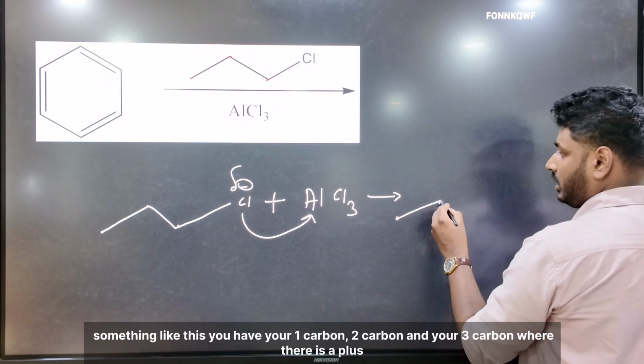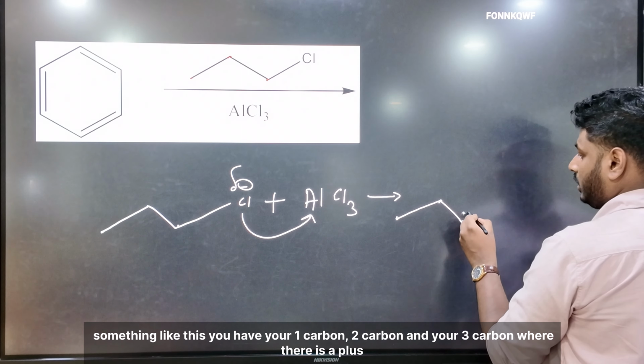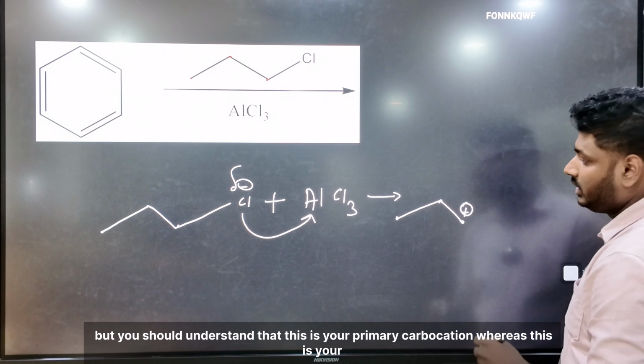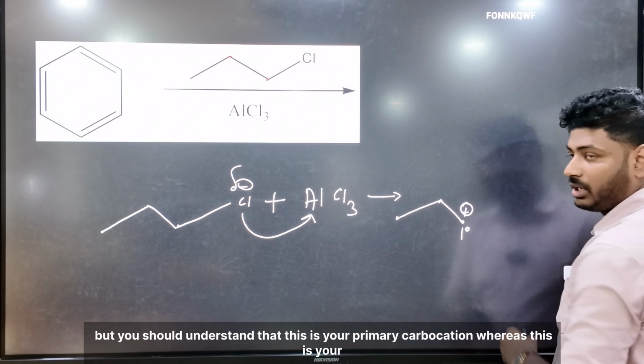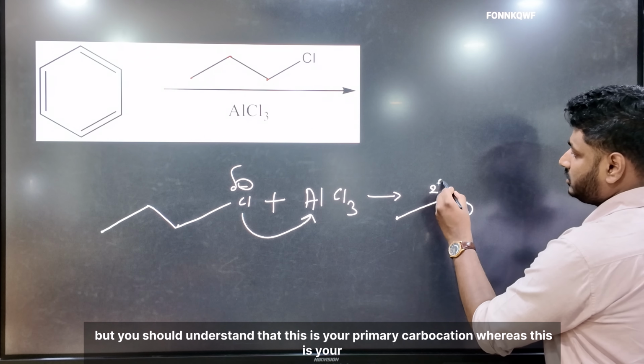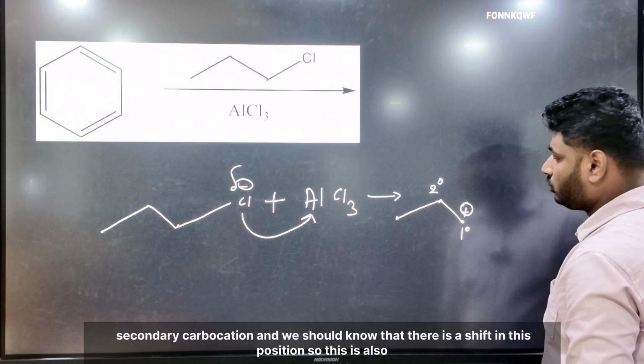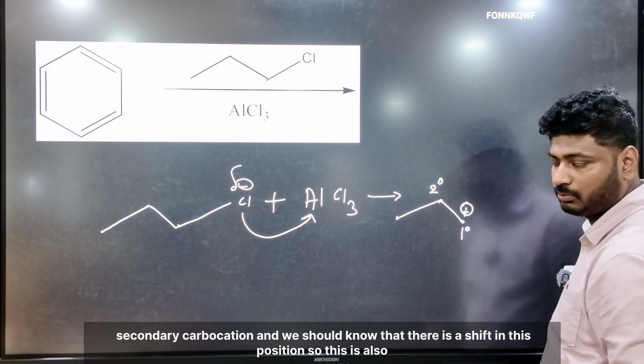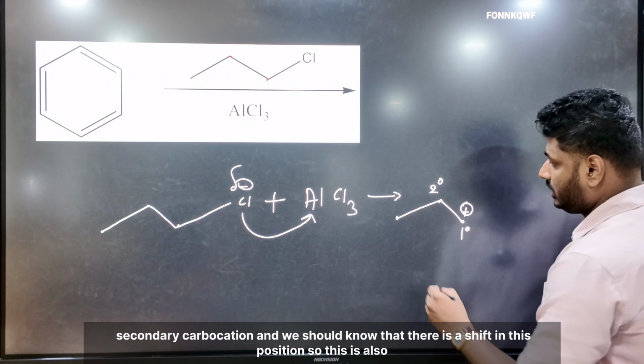You have your 1 carbon, 2 carbon, and your 3 carbon, where there is a plus. But you should understand that this is your primary carbocation, whereas this is your secondary carbocation. And we should know that there is a shift in this position. So this is also called your hydride shift, where now the carbocation has been shifted to the secondary position.